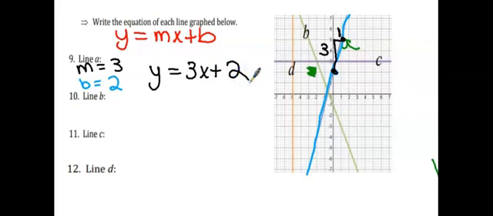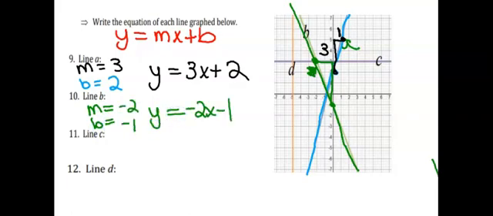Okay, now let's look at the B line. Where does it start? Let's find the next point and rise and run. I want you to try that one. Figure out what the m and the b is, and write the equation. If you notice for this one, it was a negative slope.